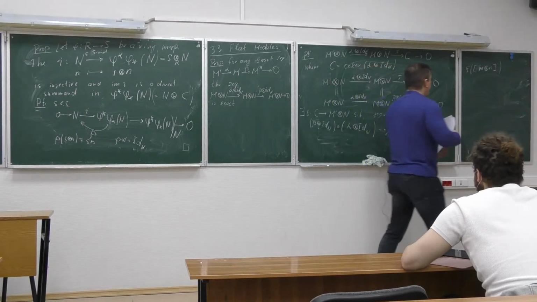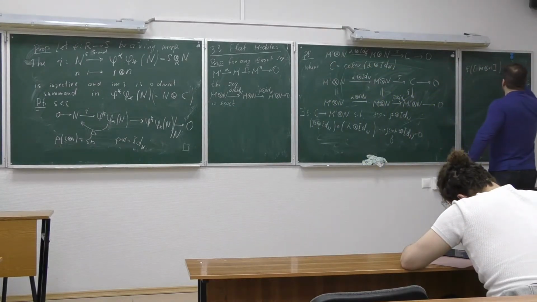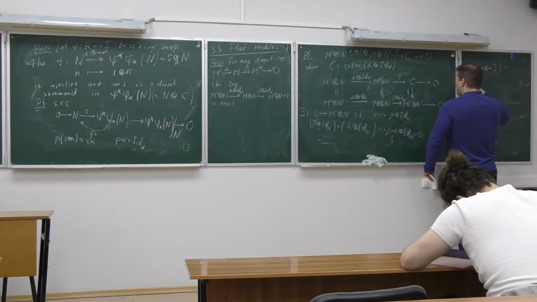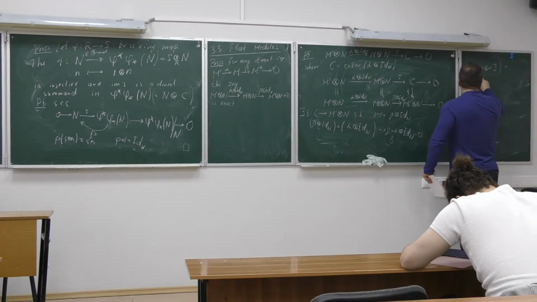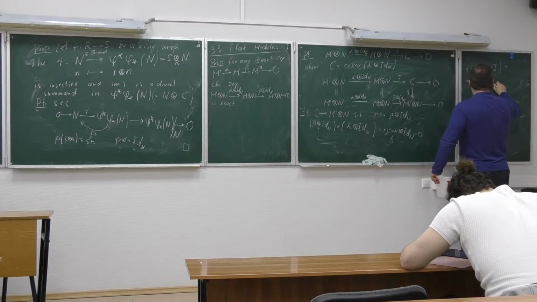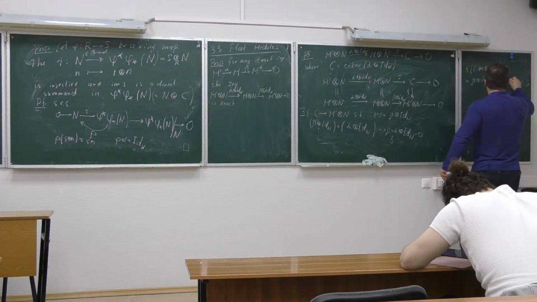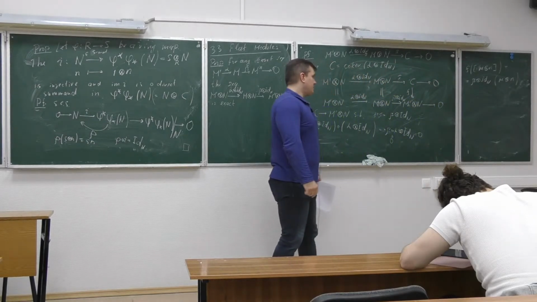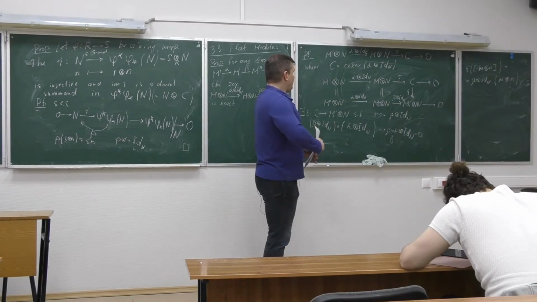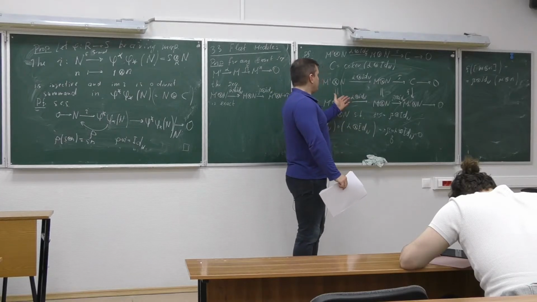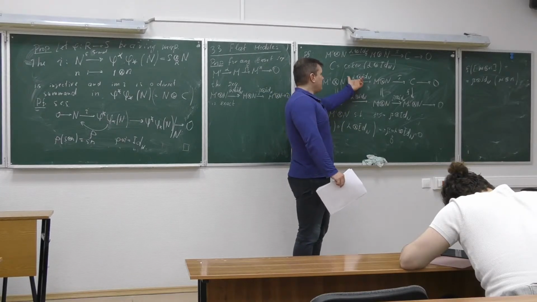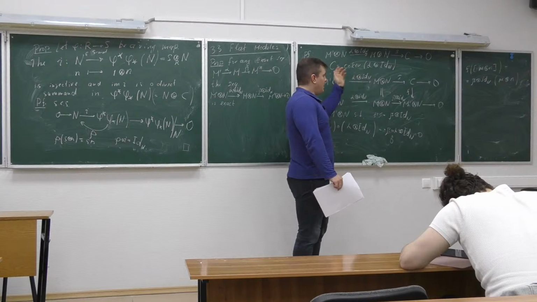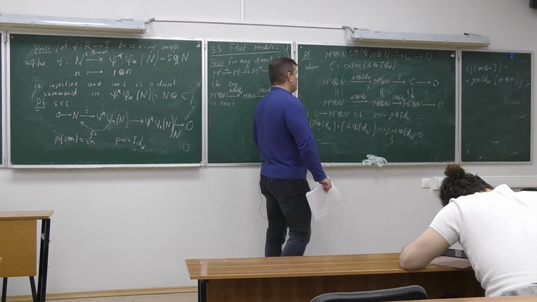By definition, you just apply the map beta tensor the identity on N to a representative of this class, M tensor N. And this doesn't depend on the representative, because the difference between two representatives is exactly in the image of alpha tensor the identity on N. So this map F is well defined.